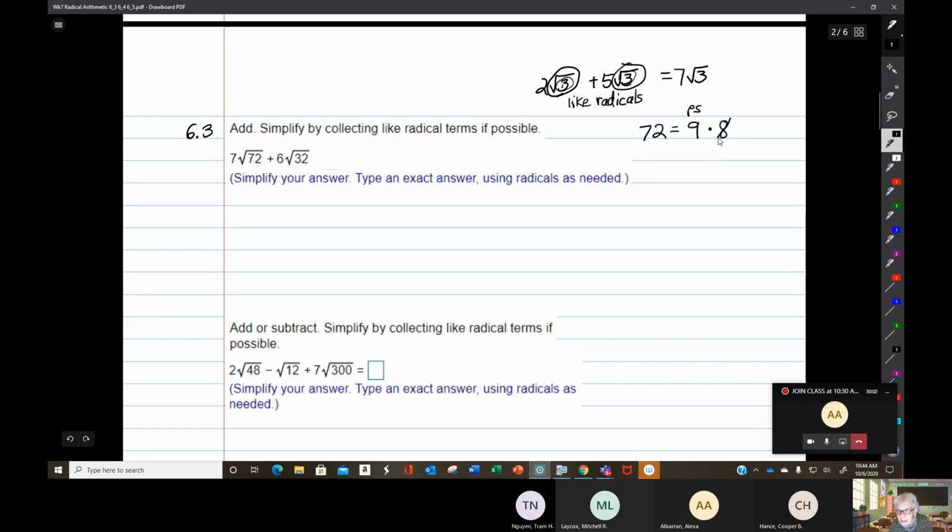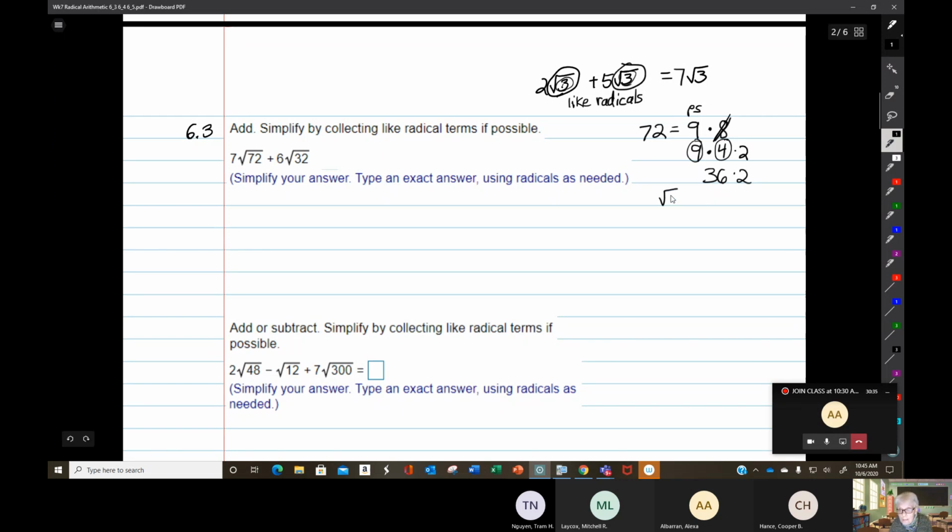So I'm going to get rid of 8. And I'm going to say, well, this is going to be 9 times 4 times 2, because 8 is 4 times 2. Now I have the perfect square 9 times the perfect square 4. But look at what happens. 9 times 4 is 36. 36 times 2. 36 is a perfect square.